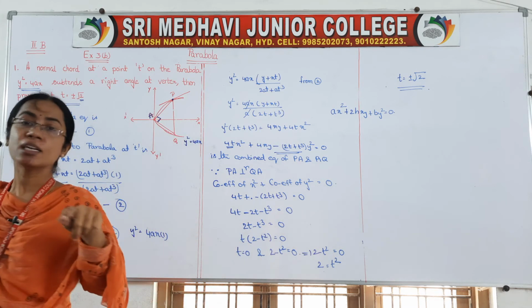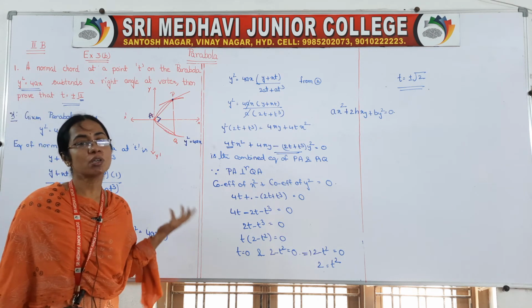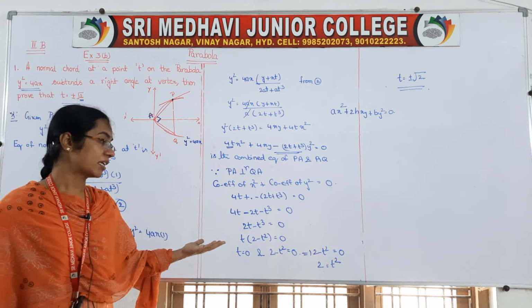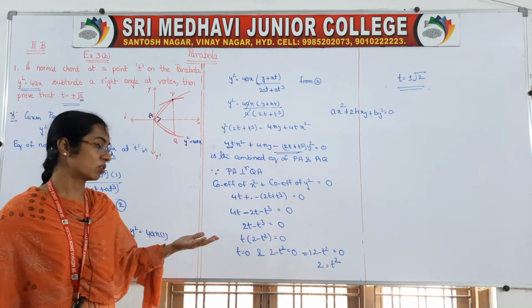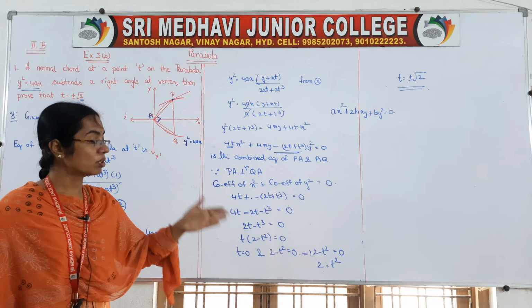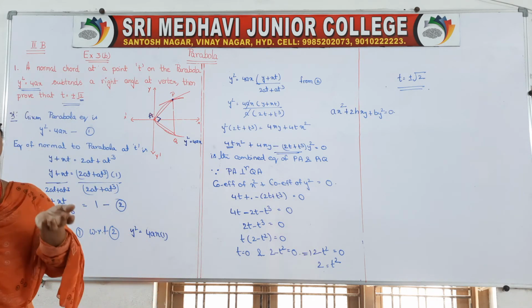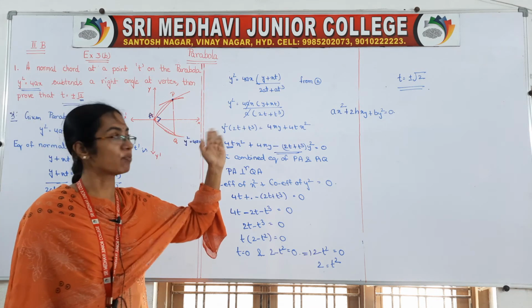We cannot take t is equal to 0, so go for the other equation, 2 minus t square is equal to 0. Send minus t square to that side. So 2 is equal to t square. If we take a square root, we will get plus or minus value.